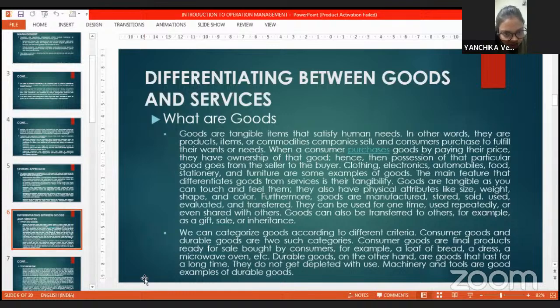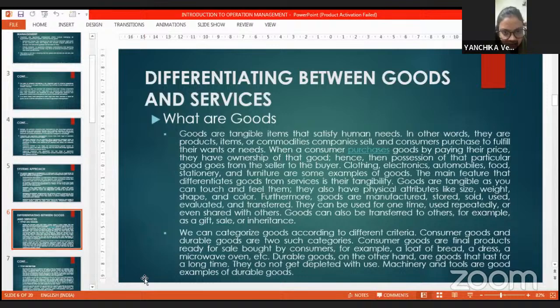We can categorize goods according to different criteria. Consumer goods and durable goods are two such categories. Consumer goods are final products ready for sale bought by consumers. For example, a loaf of bread, a dress, a microwave oven, etc. Durable goods, on the other hand, are goods that last for a long time.